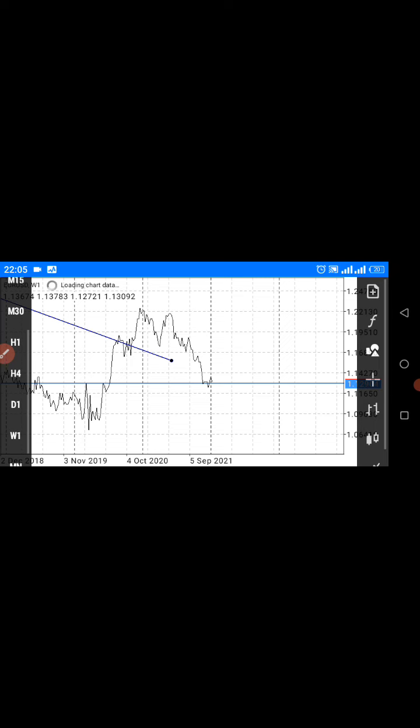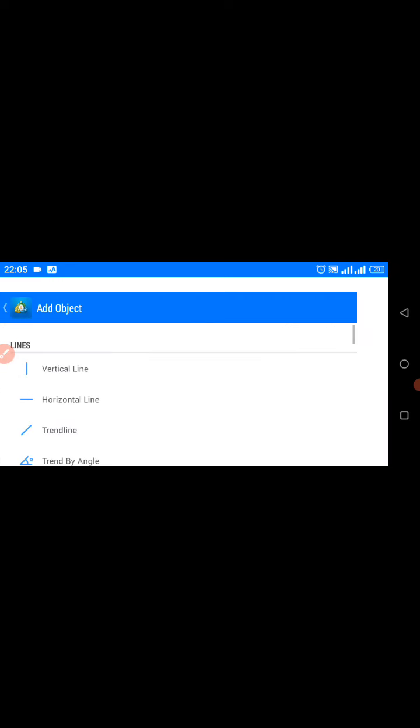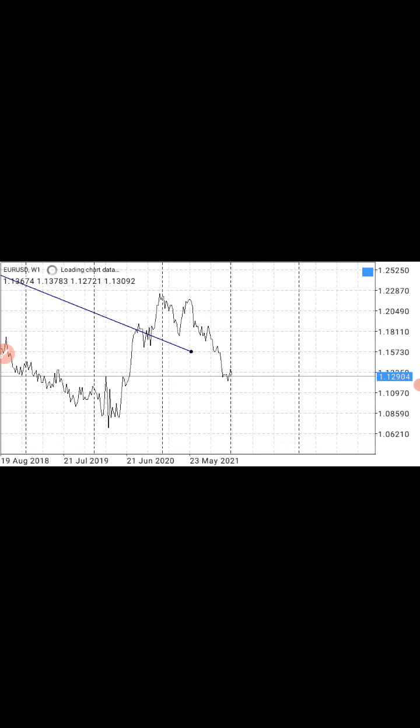Our first pattern that I'm going to show you here is the double top or double bottom. That is the first pattern. Those patterns are really good when they are in accordance with the market structure and the market movements.